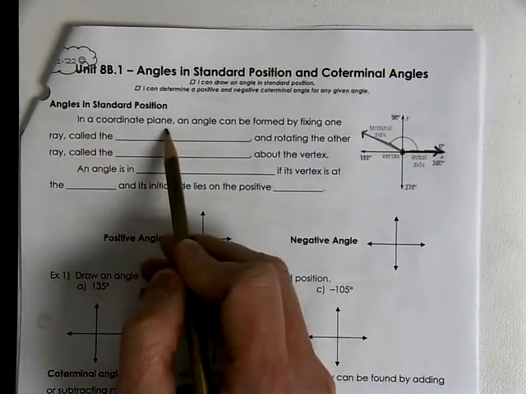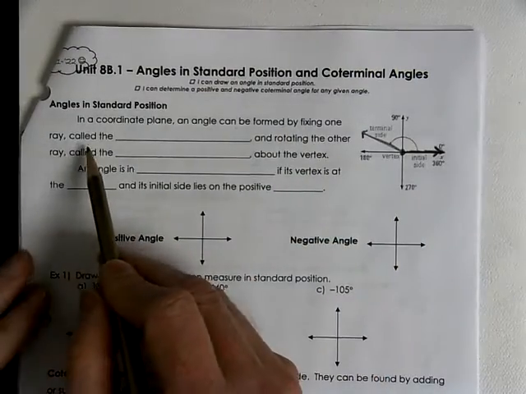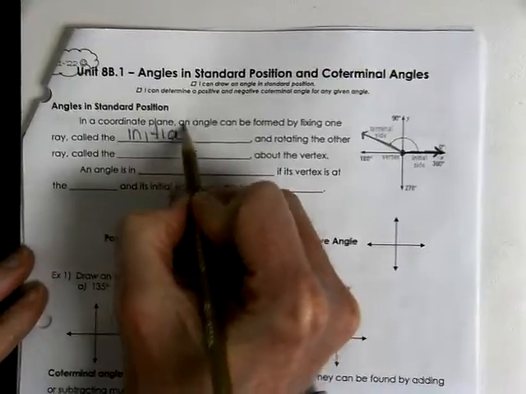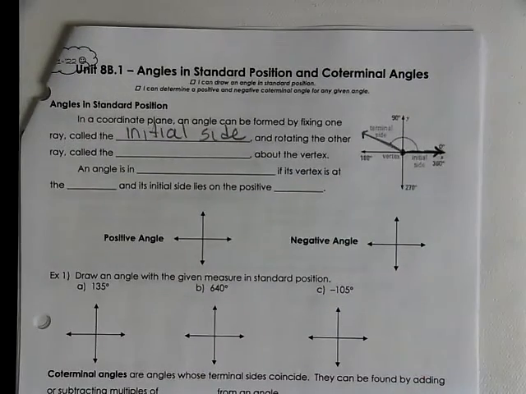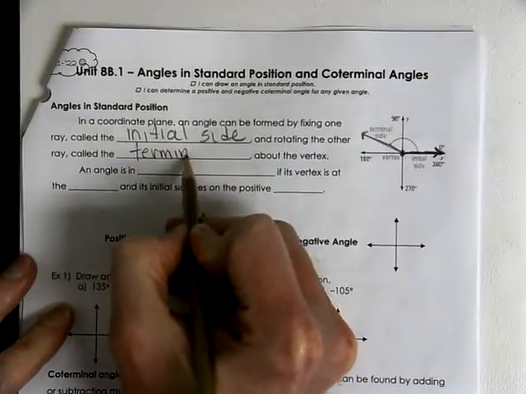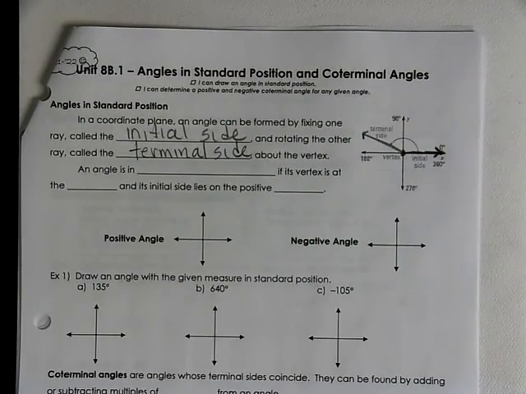So in a coordinate plane, an angle can be formed by fixing one ray, called the initial side, and rotating the other ray, called the terminal side, about the vertex.